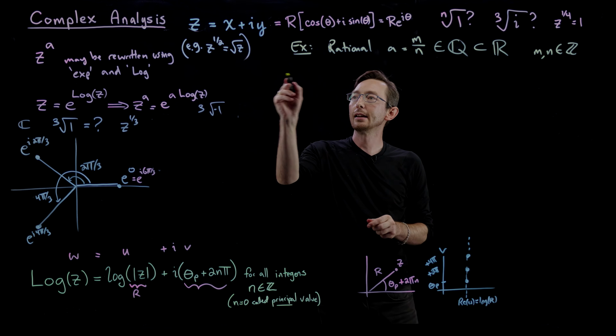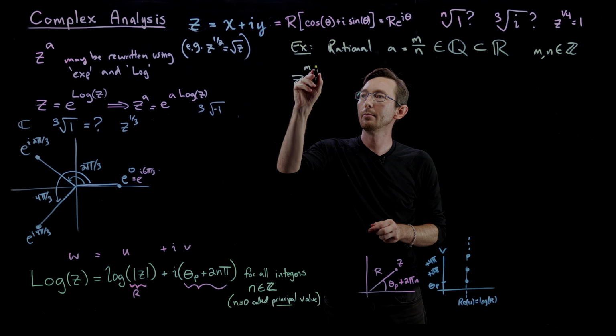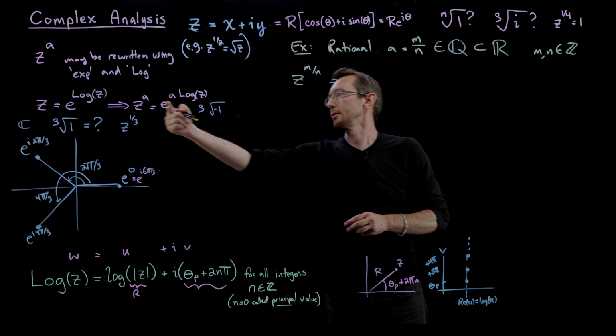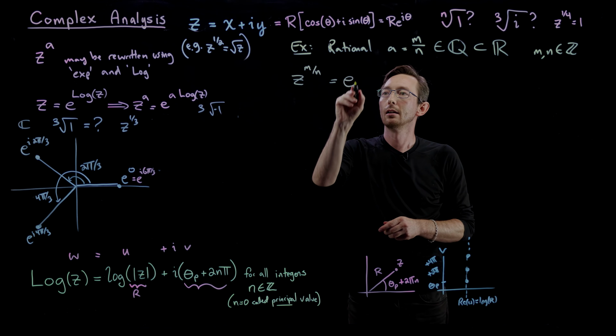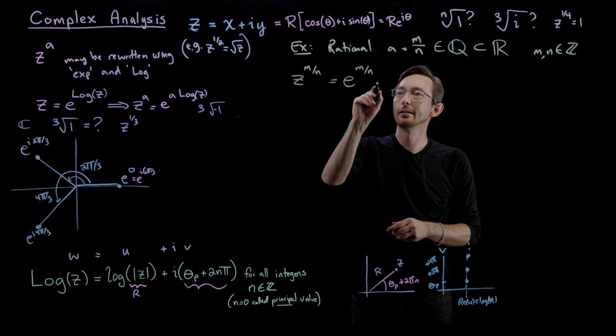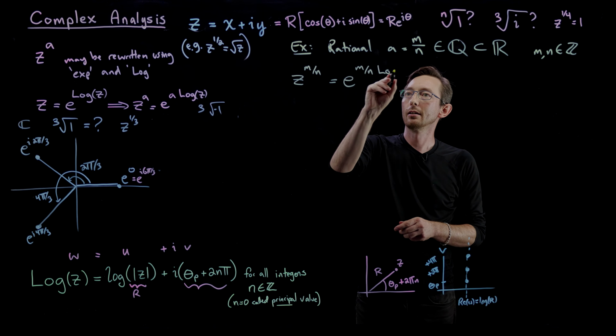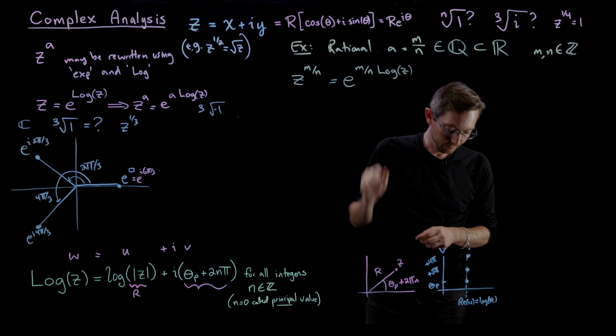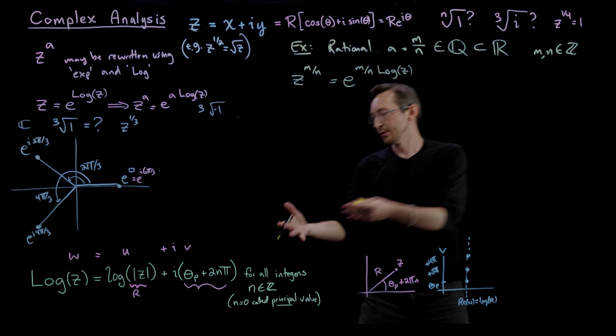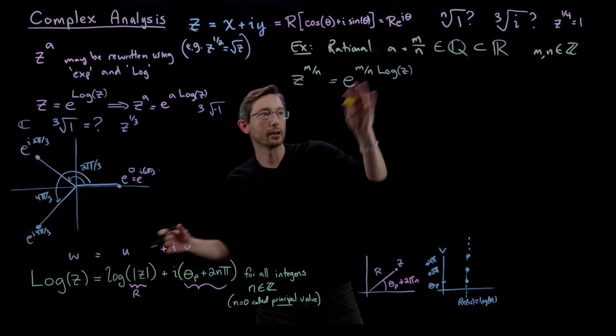Then what we're going to say is that z to the power m over n equals e to the m over n log of z. And I'm going to use this whole expression here and plug it in.